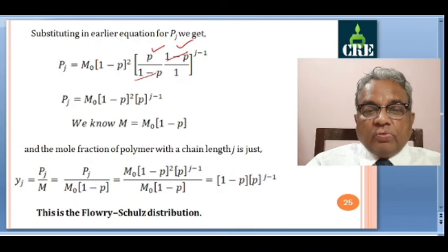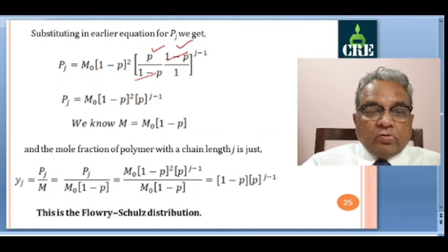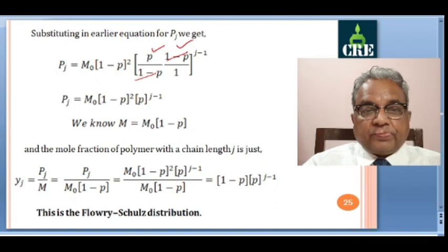Mole fraction of the polymer with chain length J can be written as Yj. Yj is the mole fraction of the polymer with chain length of J, which is nothing but Pj by M. M is equal to M0 into 1 minus P, which we have seen in the definition in the beginning.